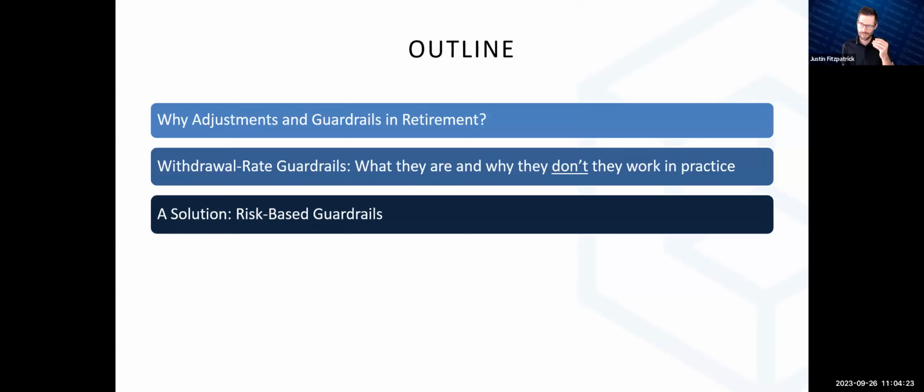I think that's a key to just step back before we get into the weeds on the specifics of how you might guide a client through retirement and advise them on changes in spending. What's the point of all this? Then we'll dive into withdrawal rate guardrails, what they are and why they don't work in practice. And then we'll talk about risk-based guardrails, which is a more holistic approach and does work better in practice.